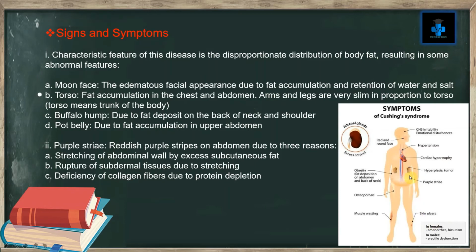So here you can identify the purple striae and cardiac hypertrophy, a red and round face. The patient may develop osteoporosis, muscle wasting, skin ulcers, etc.